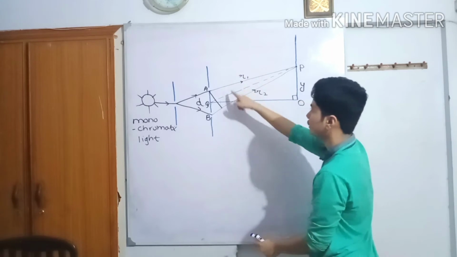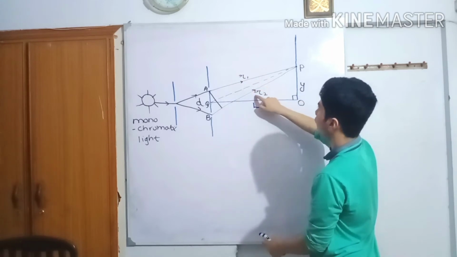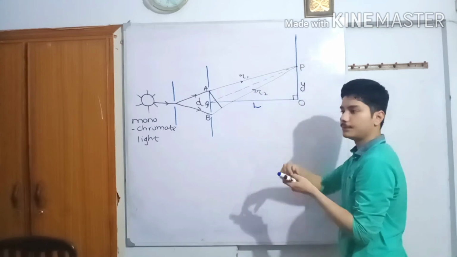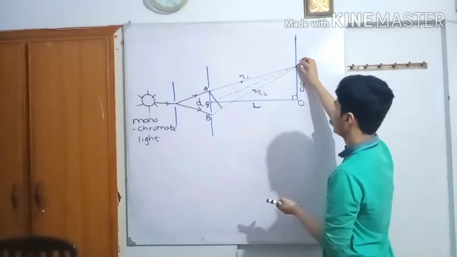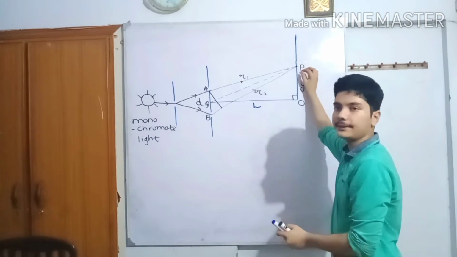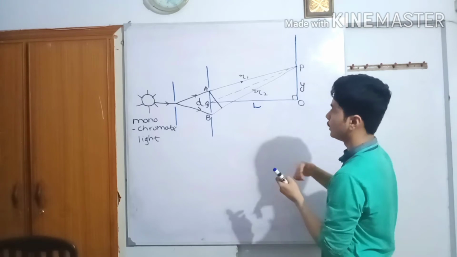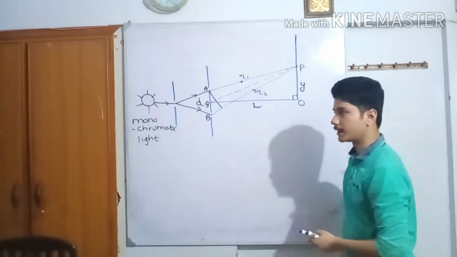Ray 1 and ray 2 are going to interfere due to the superposition principle, and it will be either constructive or destructive interference at point P, so either a bright fringe or a dark fringe.